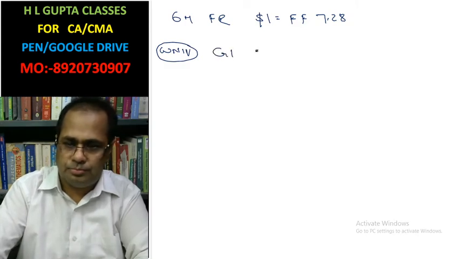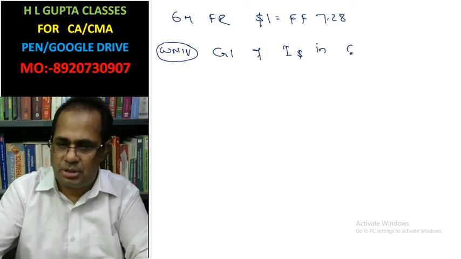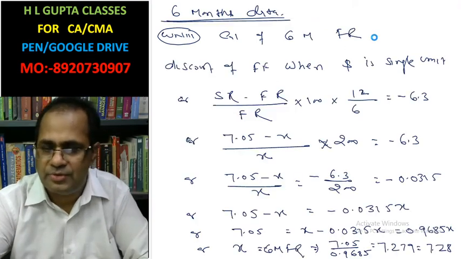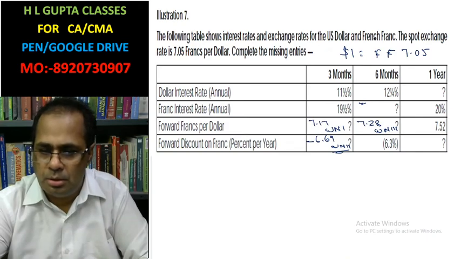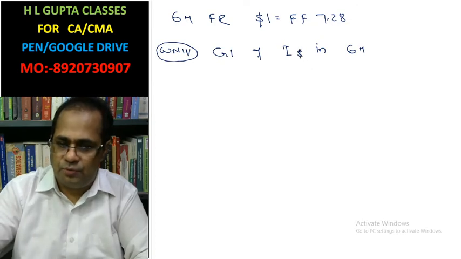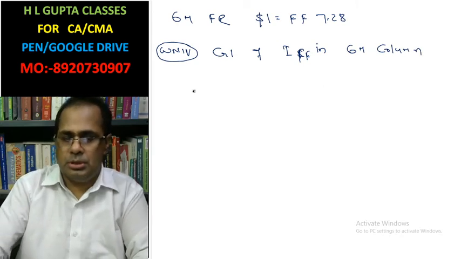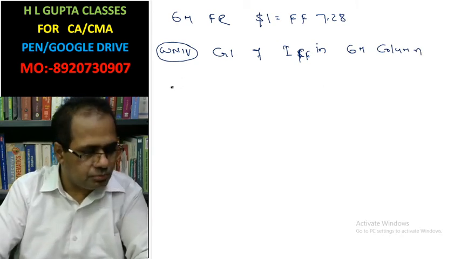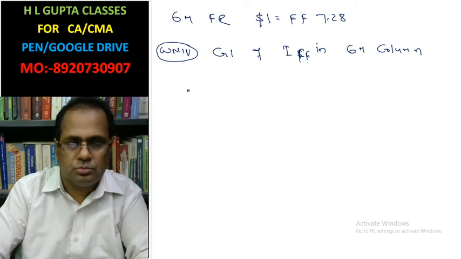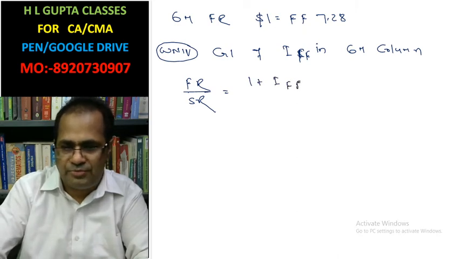Calculation of interest of French franc in the 6 month column. Forward rate upon spot rate equals 1 plus interest rate of French franc upon 1 plus interest rate of dollar.